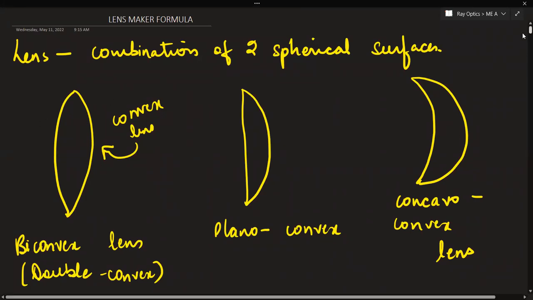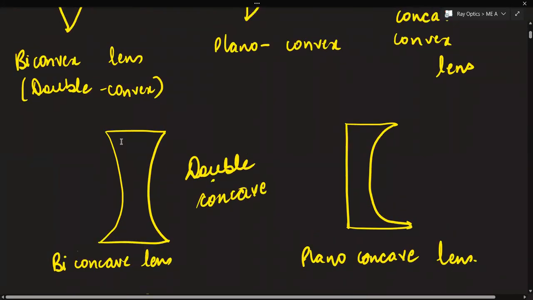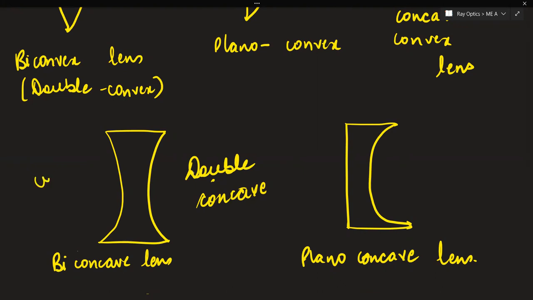You should just be aware of what all lenses are present. Then if you combine both spherical refracting surfaces in the opposite direction, with concavity on both sides, that becomes double concave lens. You can say biconcave lens, or simply whenever a concave lens is said, we refer to this lens.